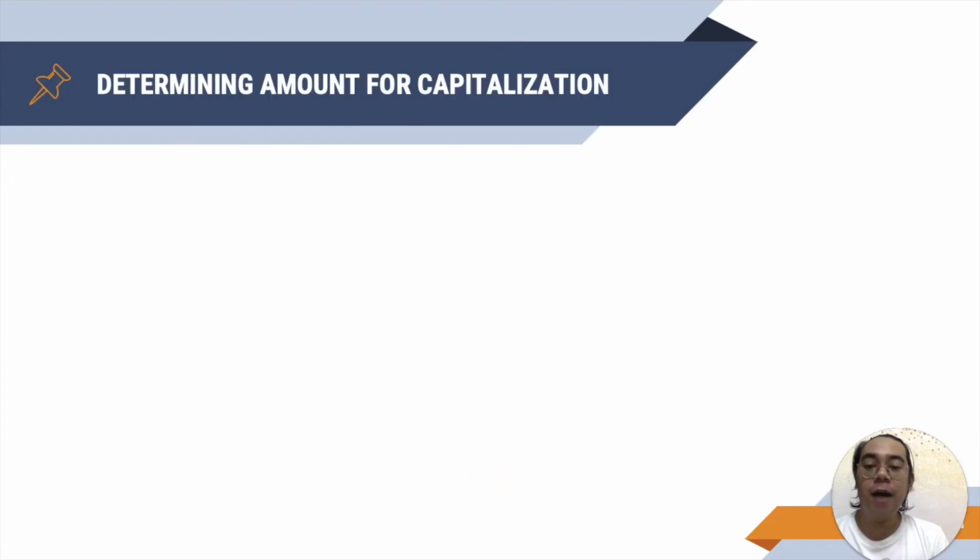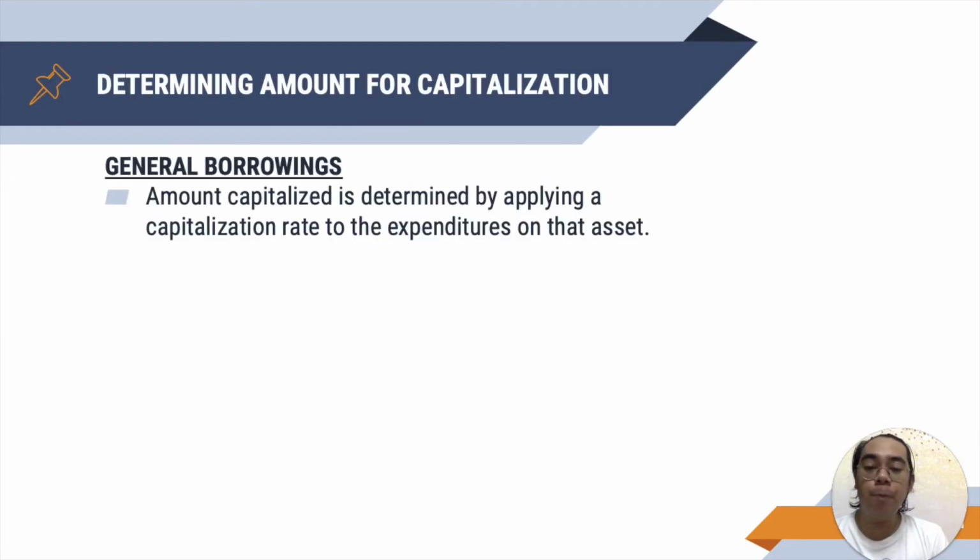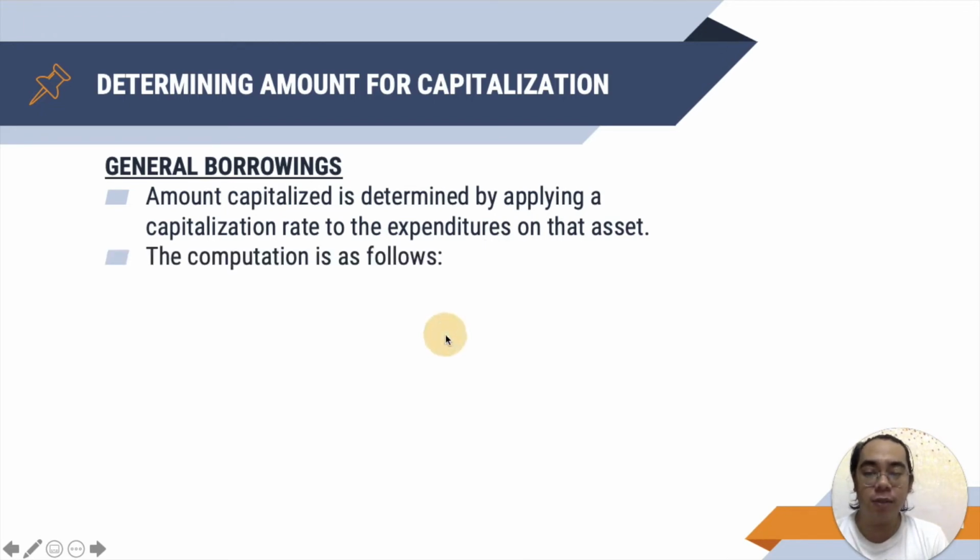For general borrowings, you need to compute a capitalization rate and then multiply it to the expenditures on that asset. So how do we do that? The expenditures is computed as follows.